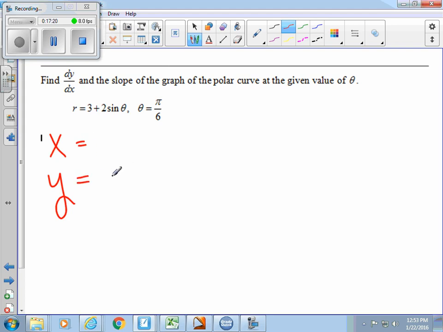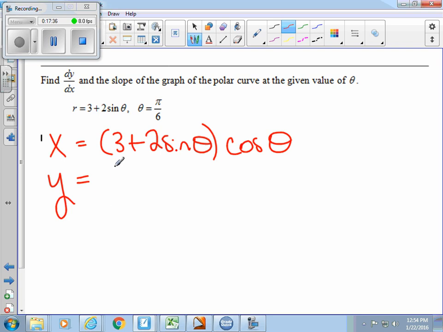Find an x and a y value. And I know x is r, which is 3 plus 2 sine of theta, times cosine theta. And y is r times sine of theta.